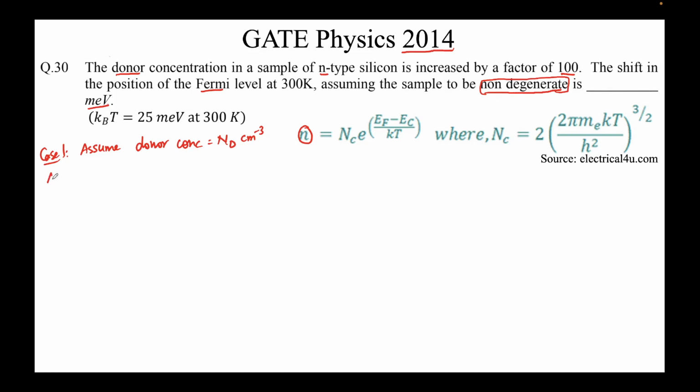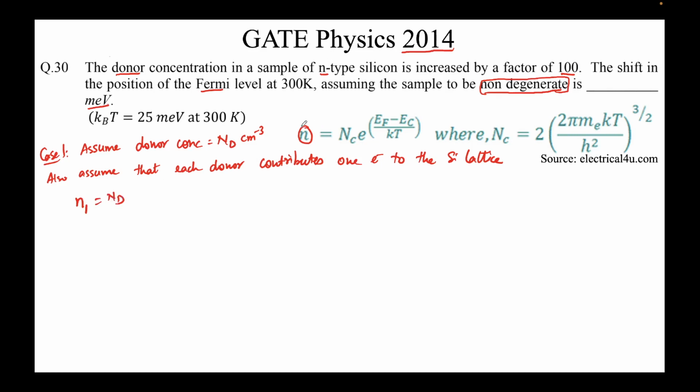Now we'll also assume that each donor contributes 1 electron to the silicon lattice. Since each donor contributes 1 electron, the number of electrons in the lattice would be, let's call this electron concentration N1, equal to Nd.